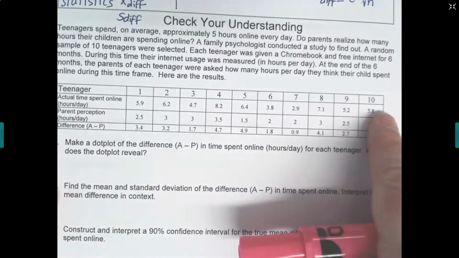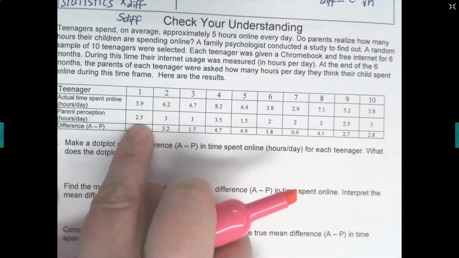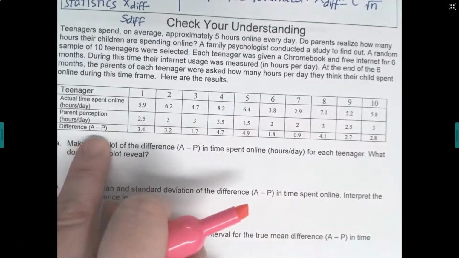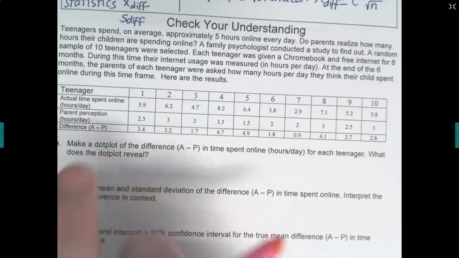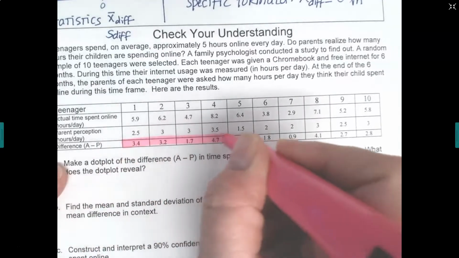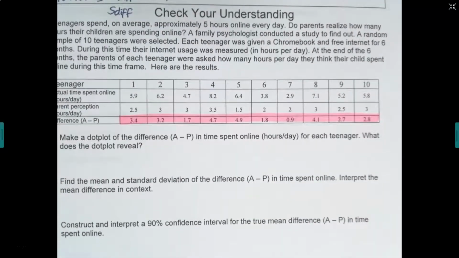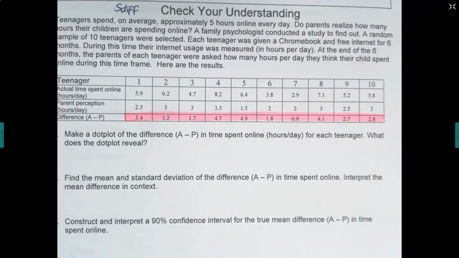We have 10 teenagers here, and they had a time online and the time their parents thought they spent online, and they want the subtraction actual minus what the parents thought. You are not doing the actual subtraction, you are just finding the mean and the standard deviation of that set of data right there.